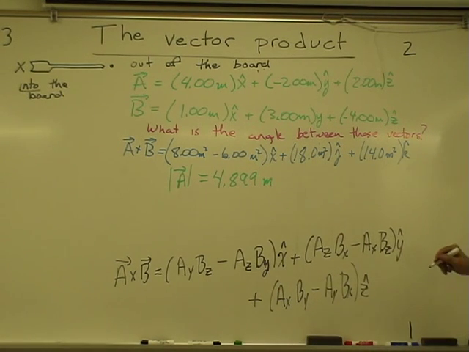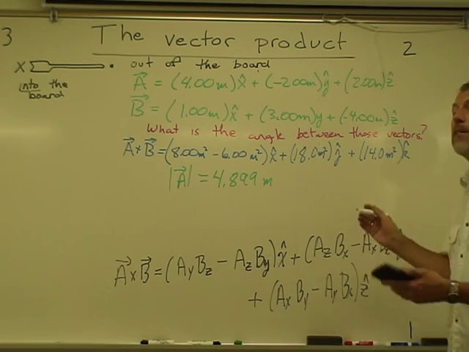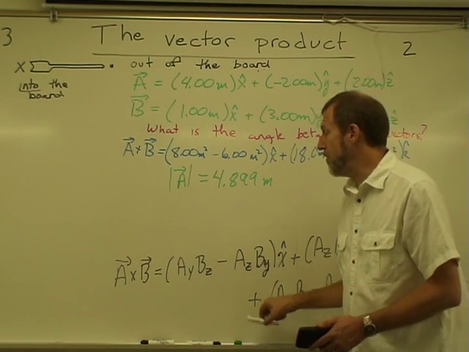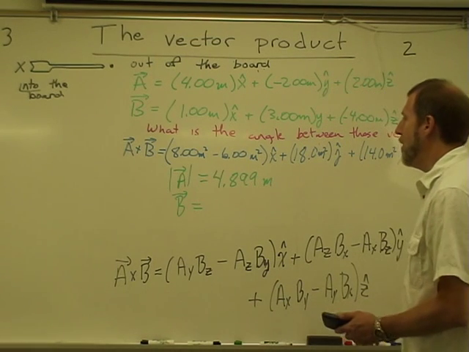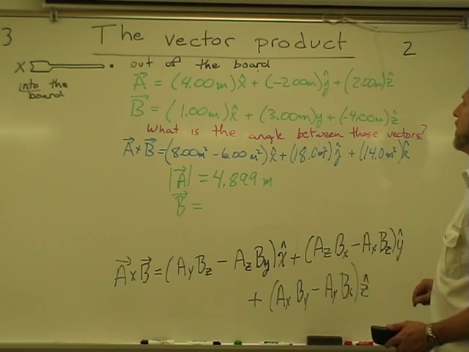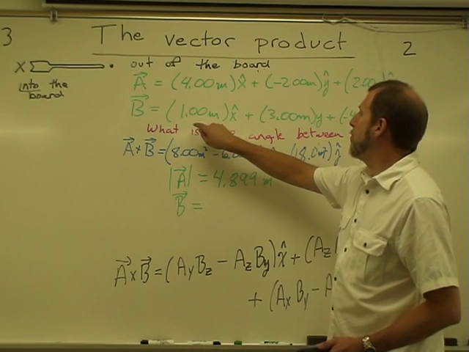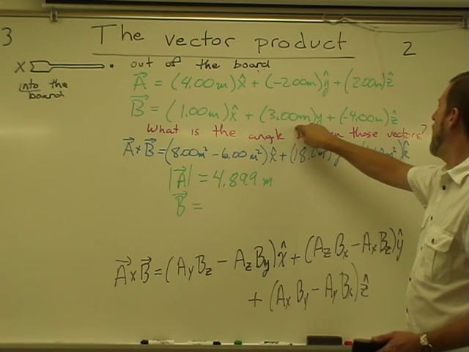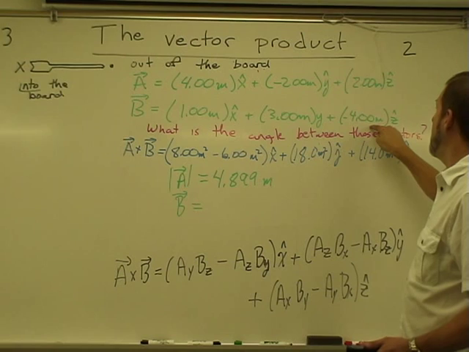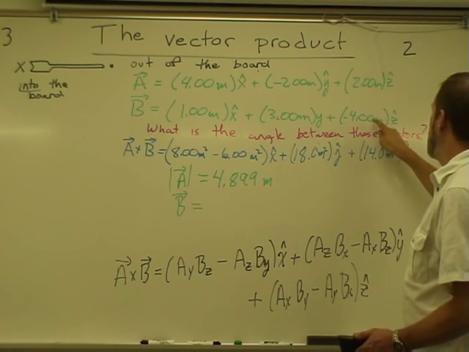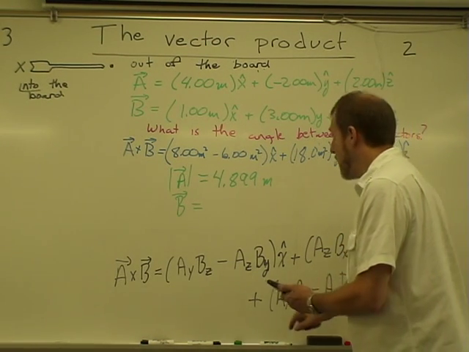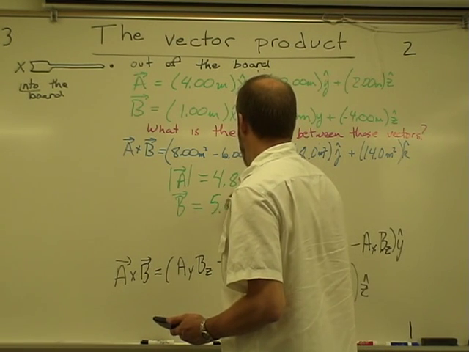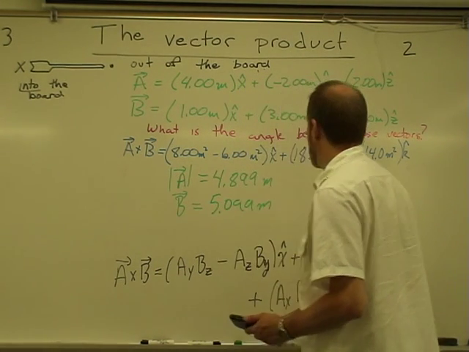Always keep an additional significant figure when you're working in the middle of a problem. If you cut to proper significant figures midway through a problem, then you're likely to make rounding mistakes. Then the magnitude of B is the square root of 1 plus 9 plus 16, so 5.099 meters.